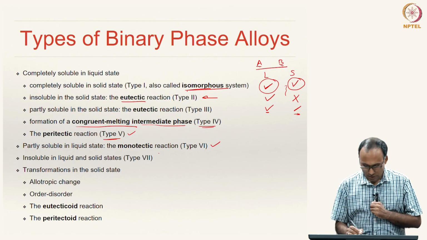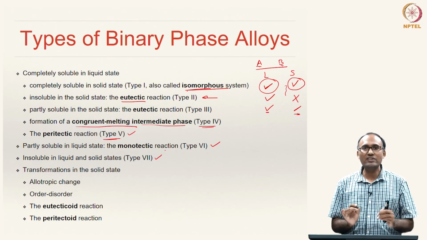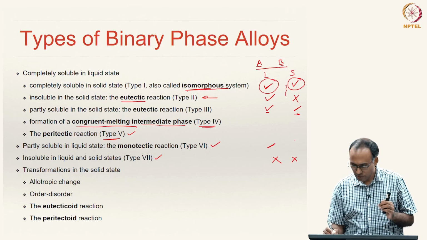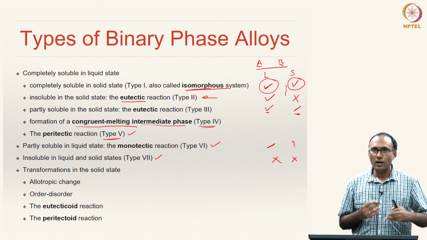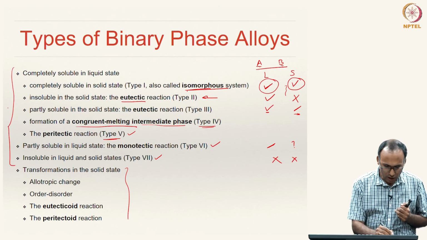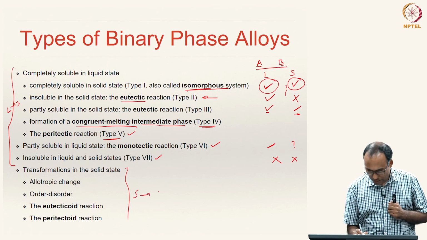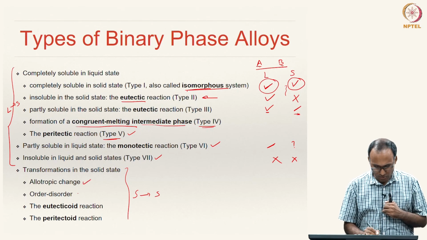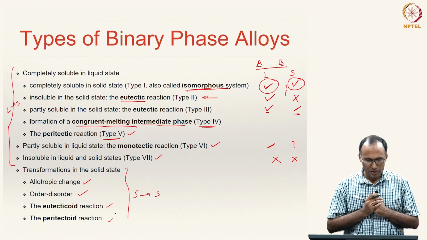And then type 7 alloy, which has complete insolubility in liquid state and solid state, right. And then we will also look at the transformations in solid state. Here all these transformations are liquid to solid, but there we will see solid to solid state transformations. The 4 important transformations are the allotropic transformation, order disorder transformation, the eutectoid reaction and peritectoid reaction, okay.